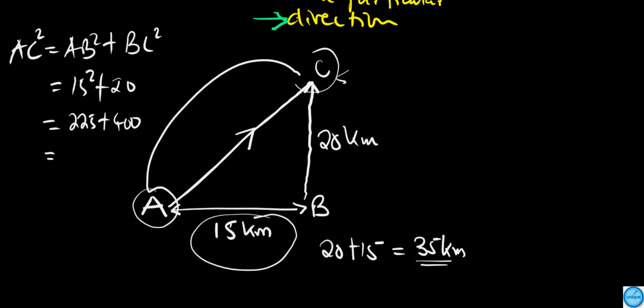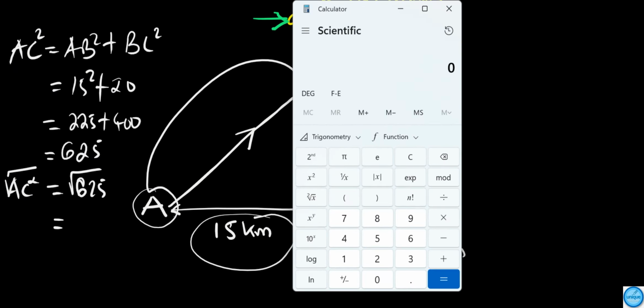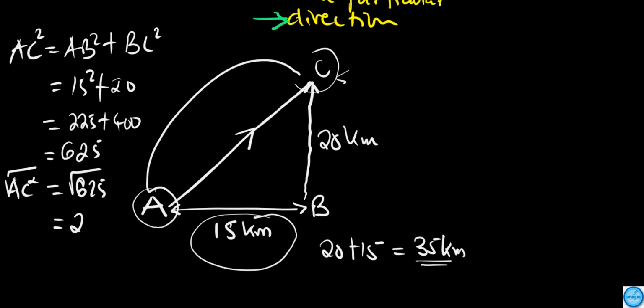If we add 225 plus 400, the answer is 625. Let's find the square root of 625. According to my calculator, the square root of 625 is 25. So we have 25 kilometers, and that's the displacement.